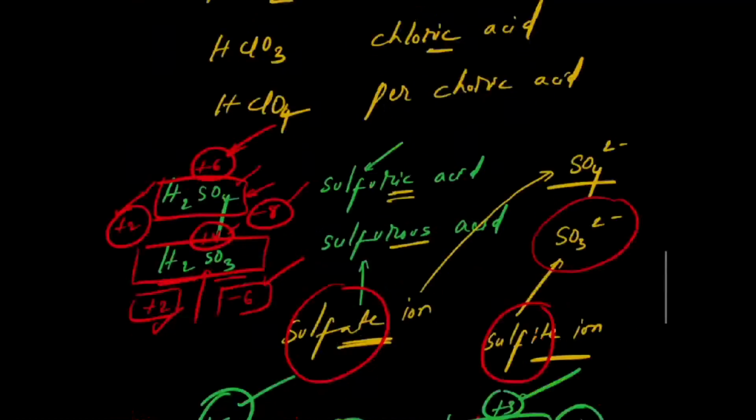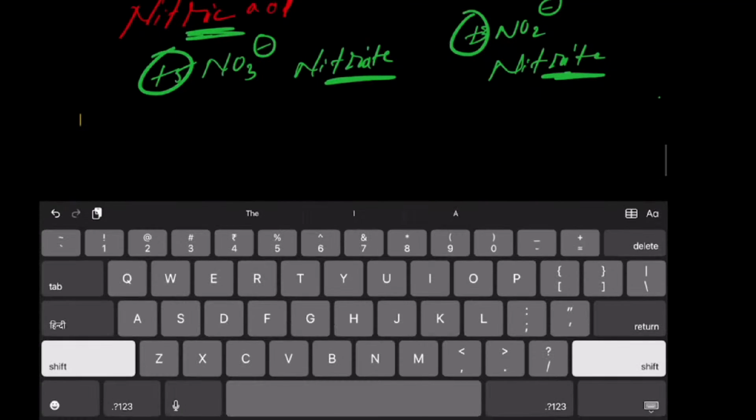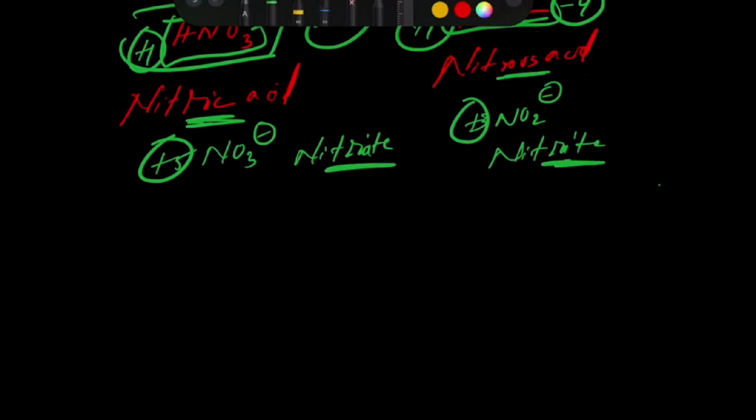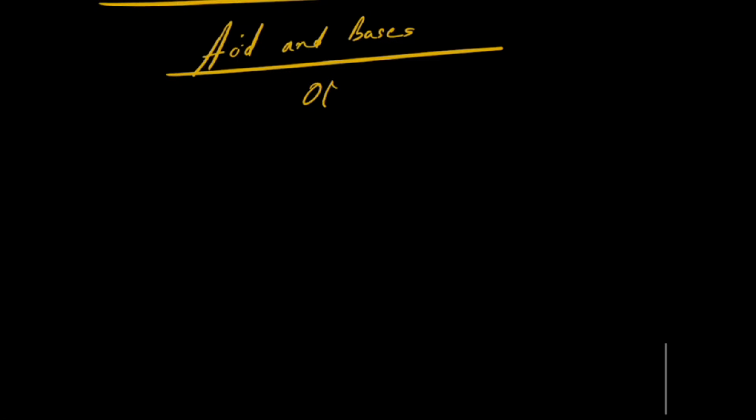You can just check it on the internet and you'll understand why. You can also use the method of finding formal charge and oxidation state to find the oxidation states the alternate way. Anyway, let me go to acids and bases now. So, acids and bases in organic chemistry.